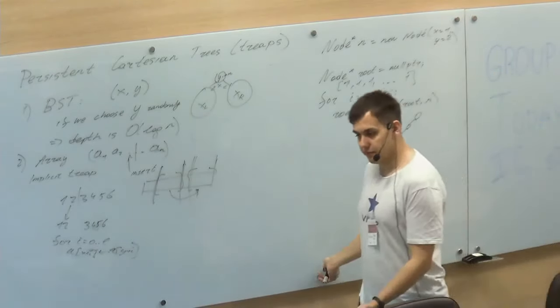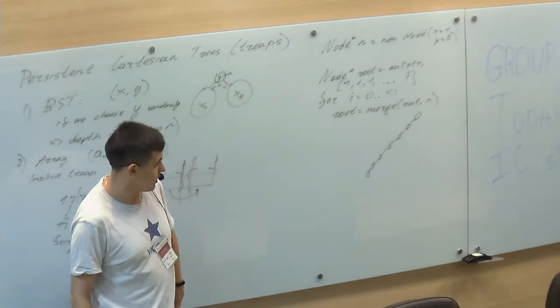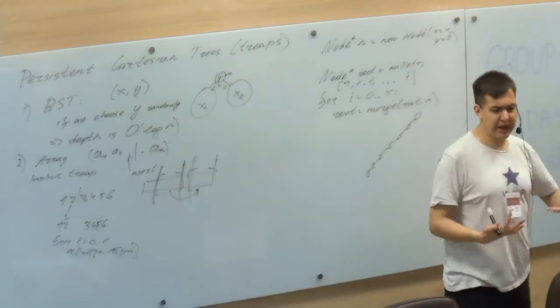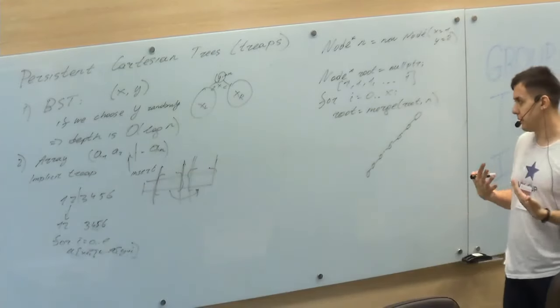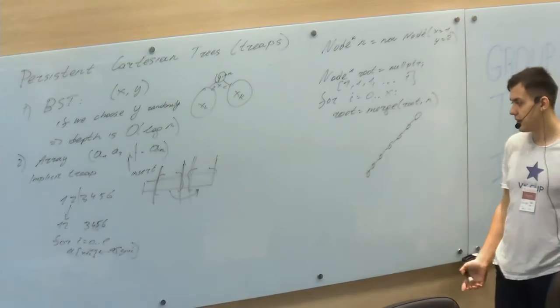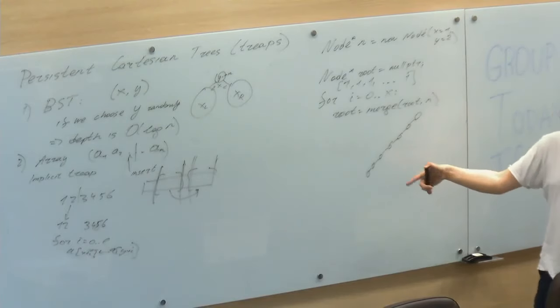And that's the problem. Since we have a tree, and we expect that the depth of the tree will be log n, but it's not. It's linear.